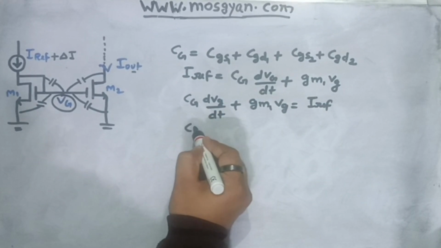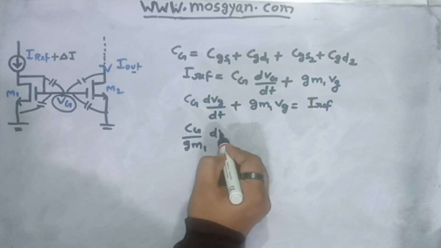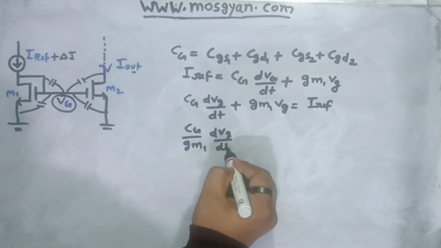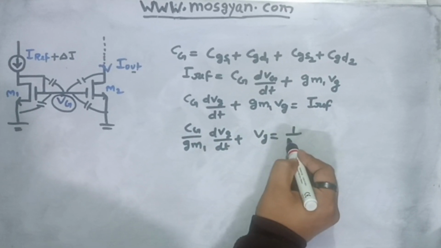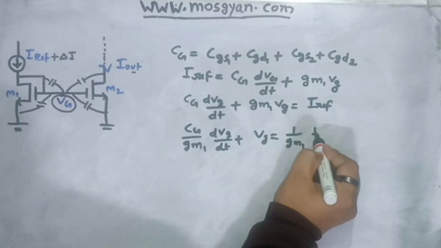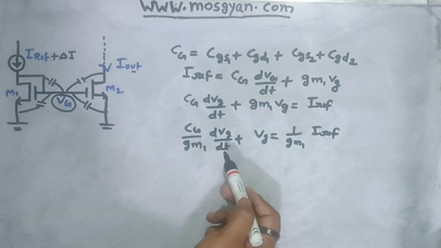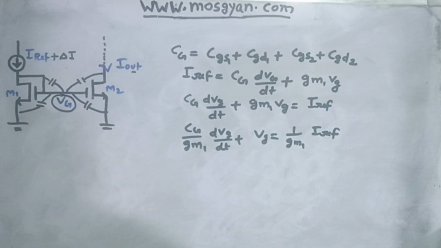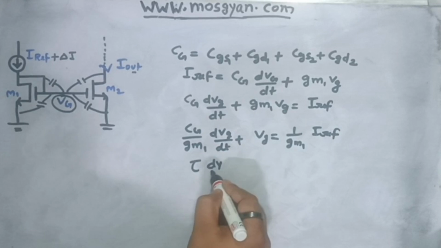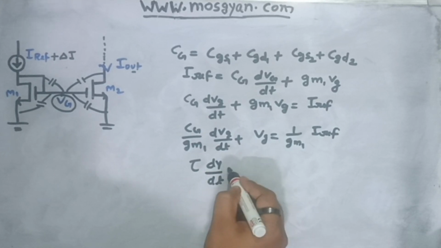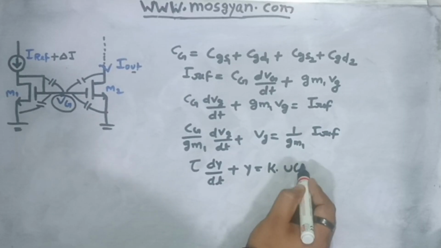So I will get Cg upon Gm1 into dVg upon dt plus Vg equal to 1 upon Gm1 into I reference. Now if you see this equation, this is the standard first order differential equation. The standard first order differential equation is tau dy by dt plus y equal to k into u(t).